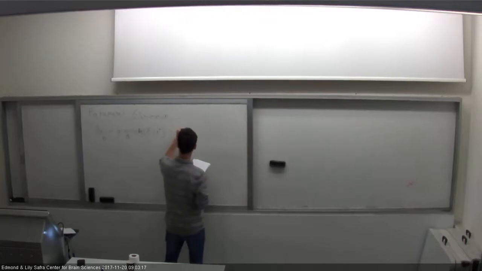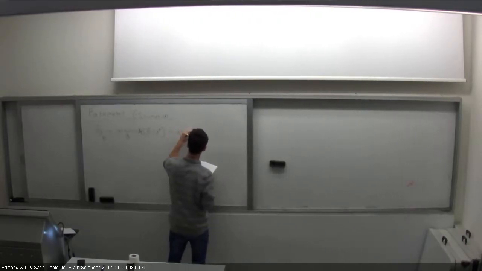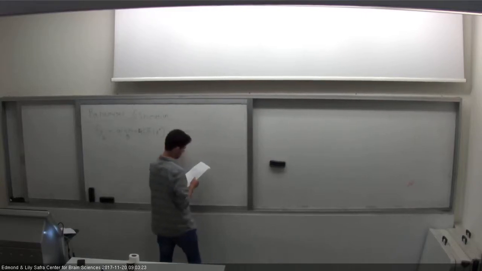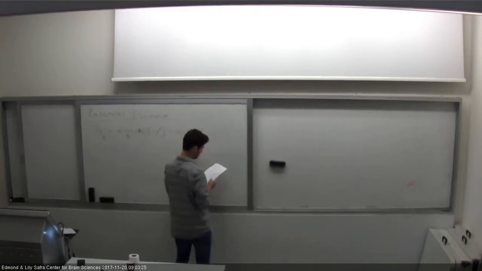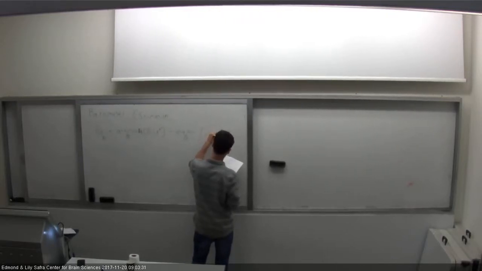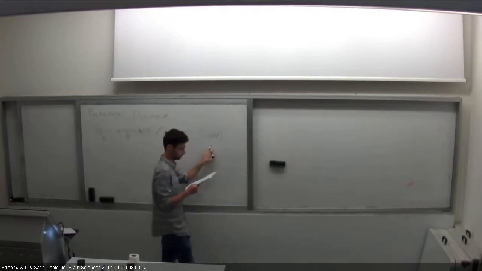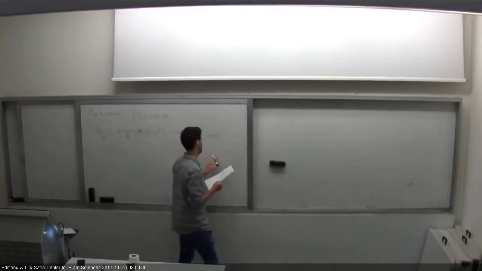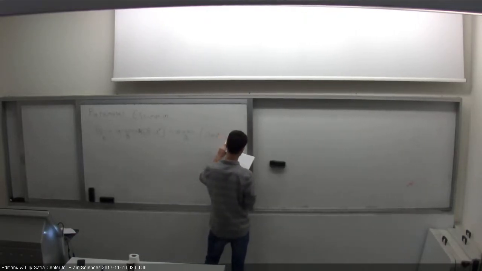And in the continuous case, it's equal to arg min over theta of the integral of the posterior and our risk function, our cost.